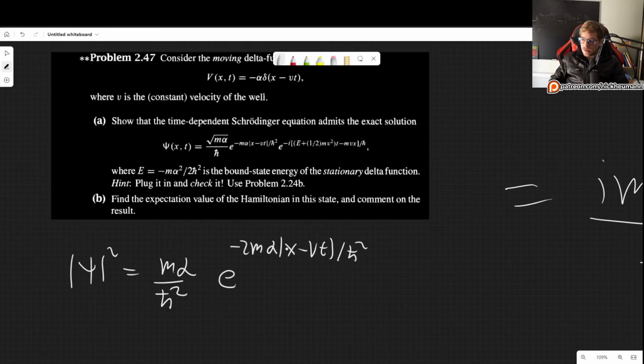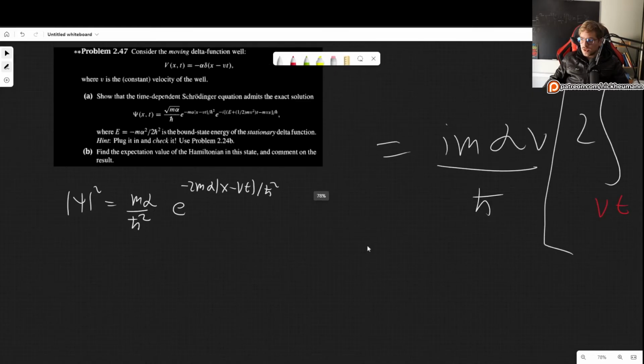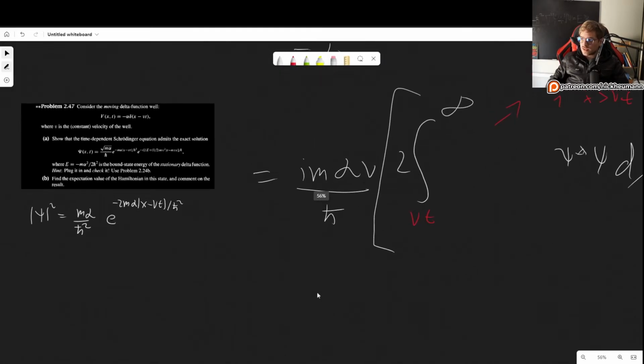This is the absolute value, don't forget about it. So let's plug this into the integral. So this is mα over ħ squared e to the minus 2mα absolute value of x minus vt over ħ squared, and dx, of course.